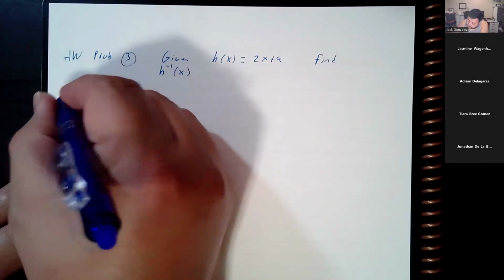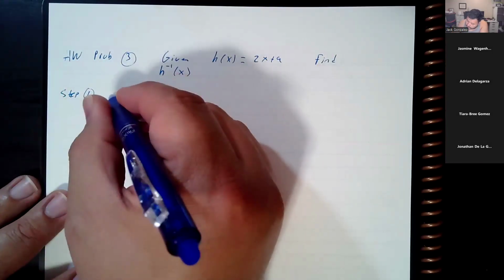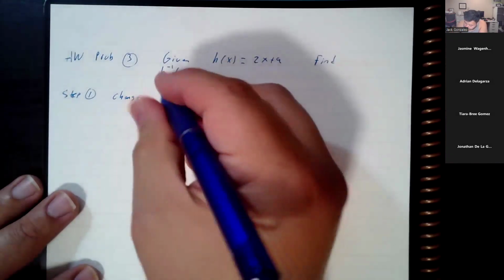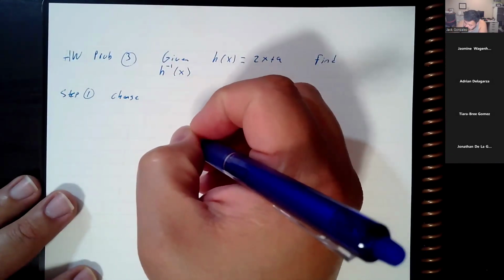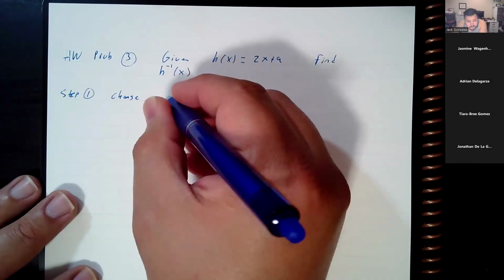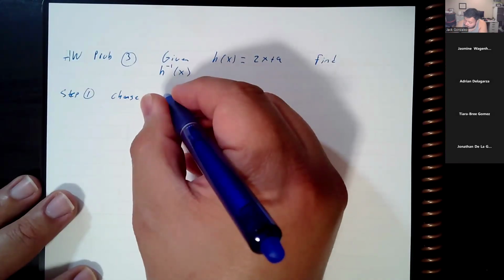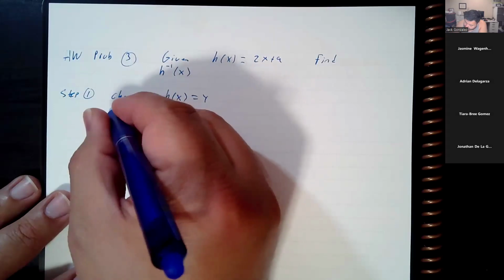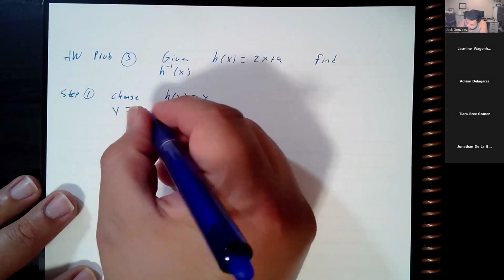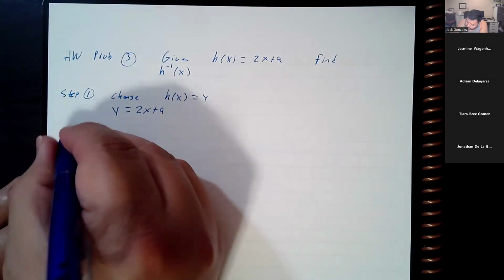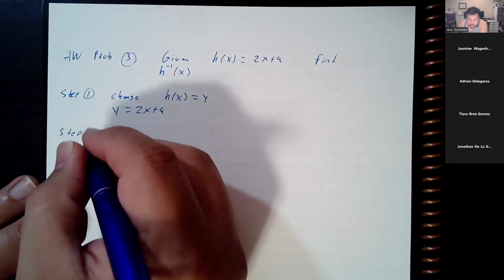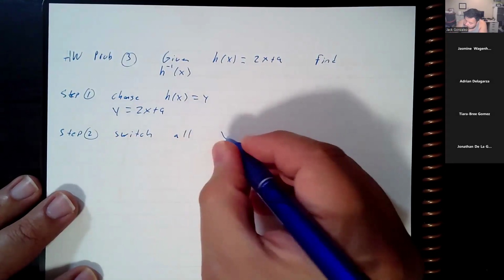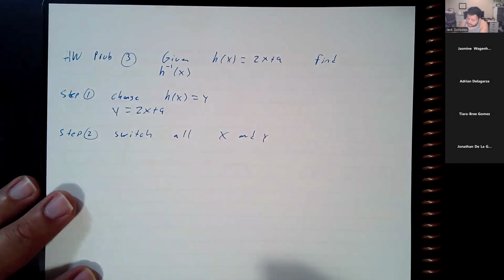For step 1, change h of x into y, like this. Step 2, switch all x and y, like this.